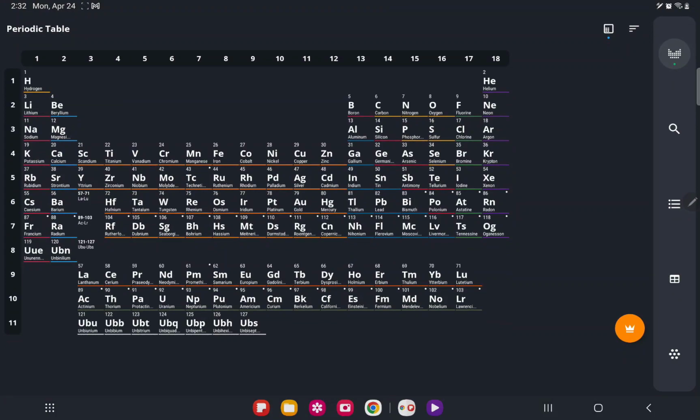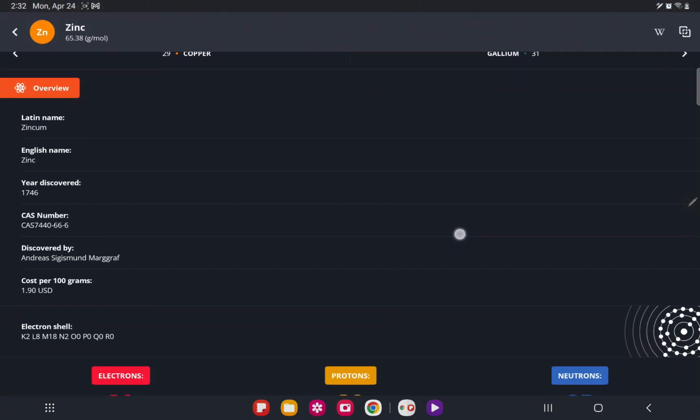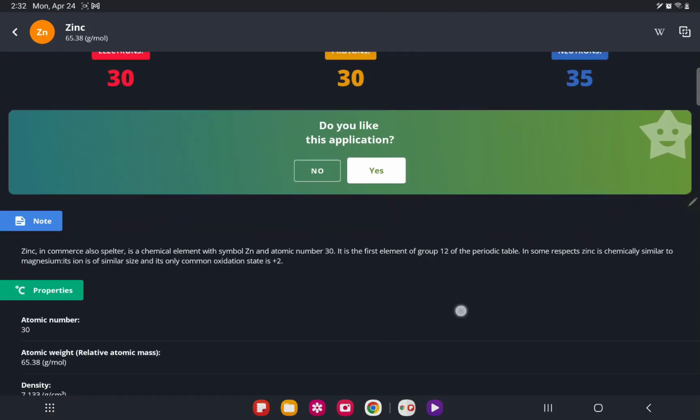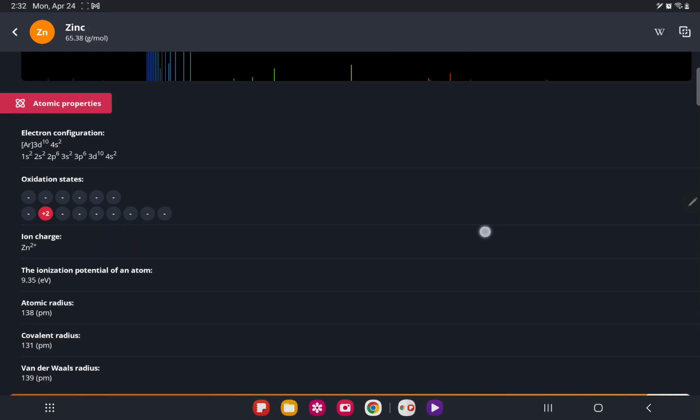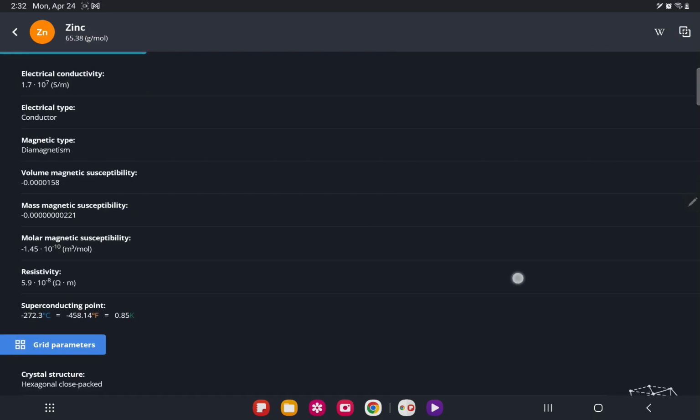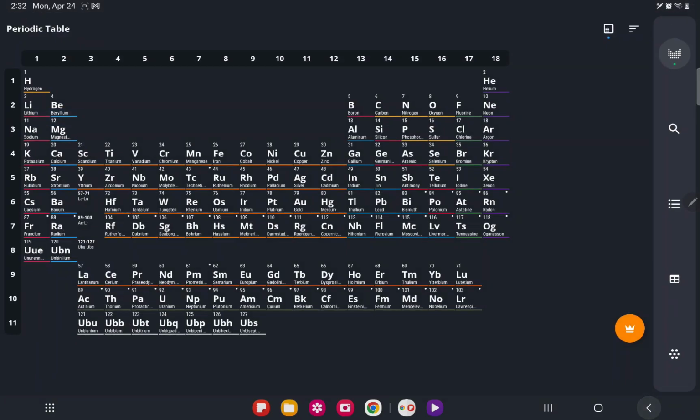Say for example, we have zinc. If we're going to check the oxidation state of zinc, for zinc, it's just two. Let's have iron.